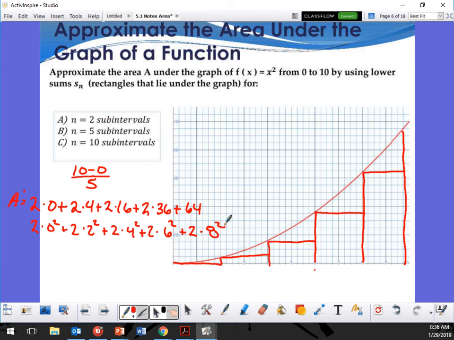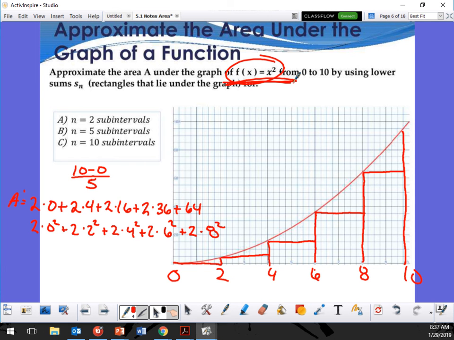Instead of just plugging it in, for each one, for the y value, the height of each one, I just plug this in, right? Because I know the x values are 0, 2, 4, 6, 8, and 10, right? And these are all left-hand alignments, aren't they? So if it's all left-hand, that means it's f of 0, f of 2, f of 4, f of 6, f of 8, right? And I'm plugging that all into right here, right?